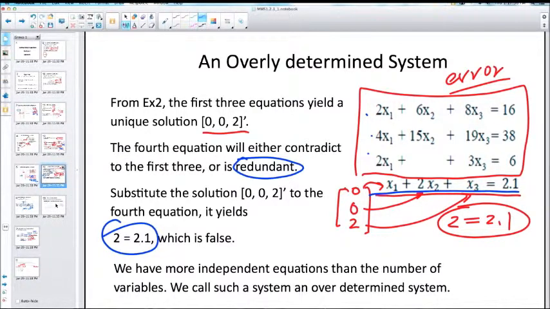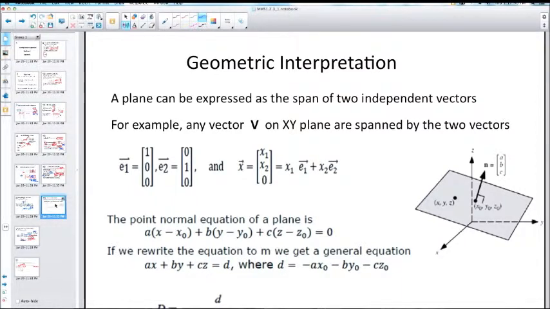I would like to summarize these 3 examples by looking at the geometric interpretation. Let's focus on 3D with 3 variables x, y, z. You can think x stands for the north direction, y for the east direction, and z for the upward direction.